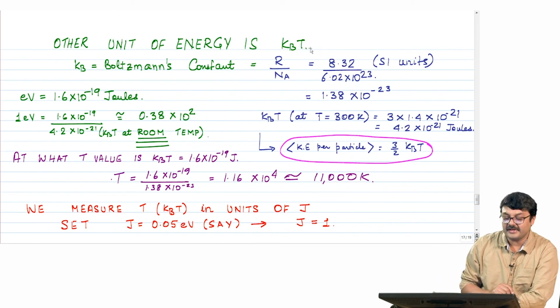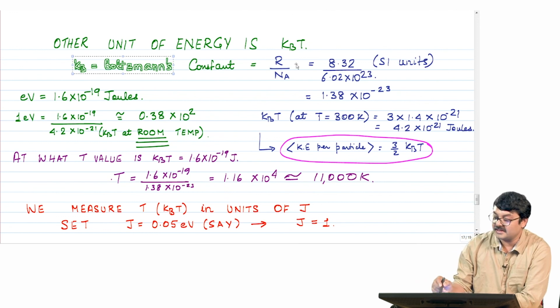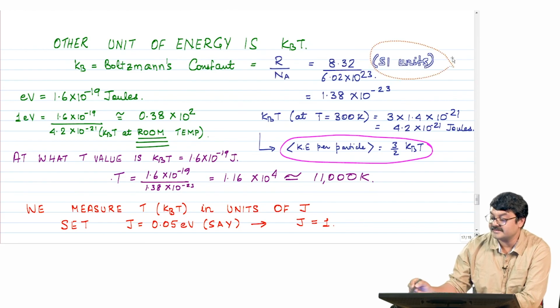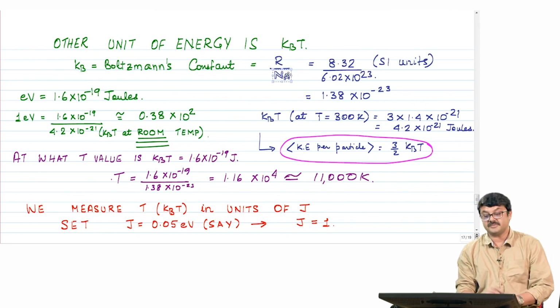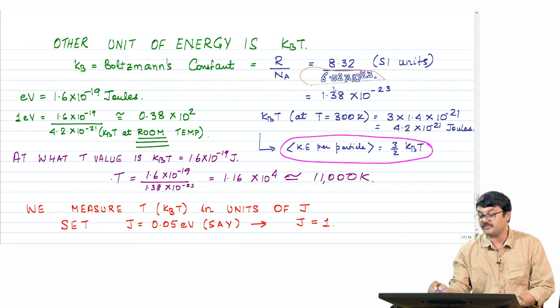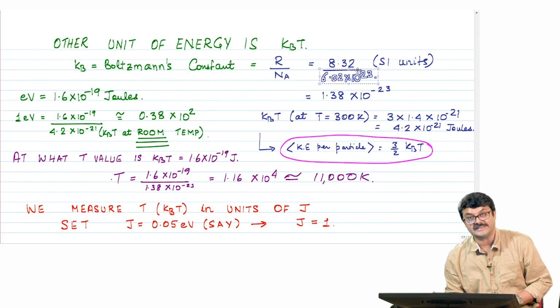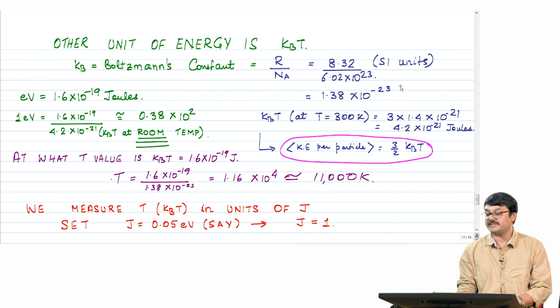Now, how is kBT measured? kB is the Boltzmann constant, written as R by Na, where R is the gas constant, from PV equal to nRT, whose value is 8.32 in SI units, whereas Na is the Avogadro number. Avogadro's number is 6.02 into 10 to the power 23. This gives 1.38 into 10 to the power minus 23 in SI units.